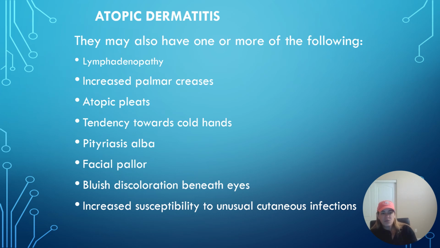So for atopic dermatitis, they can also have swollen lymph nodes and increased palmar creases, atopic pleats, tendency towards cold hands, pityriasis alba, facial pallor, which means just their pale face, bluish discoloration underneath their eyes, and increased susceptibility to unusual cutaneous infections. So they might be more susceptible to skin infections that you don't normally see on other people or other patients.